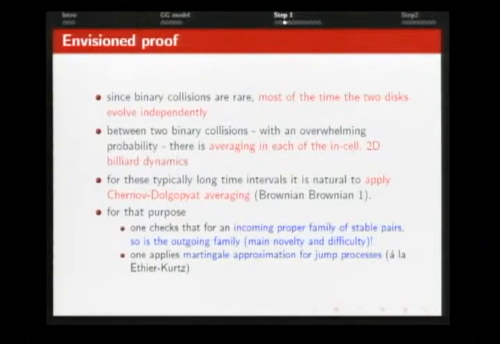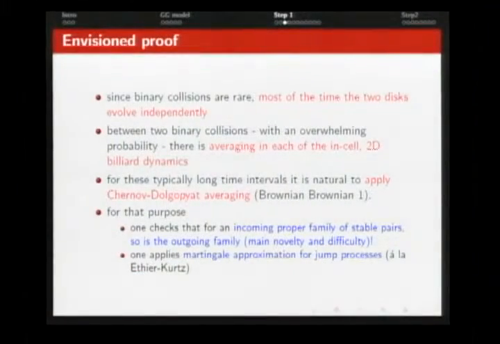Now, the proof which we envisioned, and we are still working on that line. I told you that for the four-dimensional semi-dispersing billiard, you don't know the mixing rate, so you should get another way around. But in this model, you have the following hope: most of the time the two disks evolve independently.